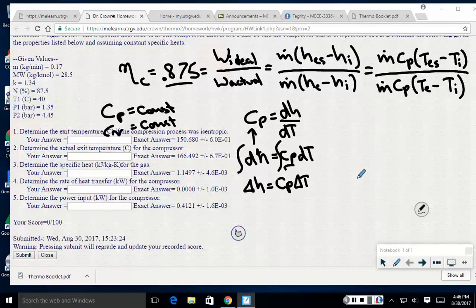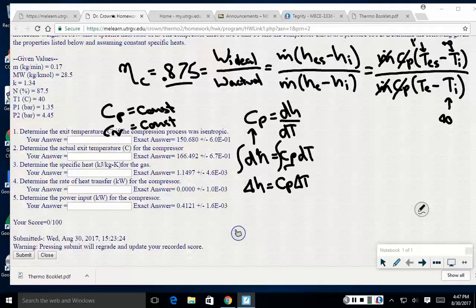In this case, I can solve using this equation for T exit, since the m dot cancels and the specific heat cancels. I just found T exit. T inlet was 40 degrees. So this is 40 degrees.